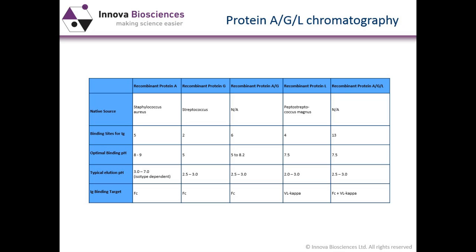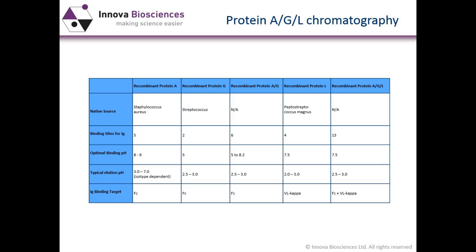You'll also see within this table that I've mentioned some joint recombinant protein columns. So we have columns that may have either protein A and protein G attached to them, or recombinant versions which are actually fusion proteins of protein A and G together, or even protein A, G and L together.